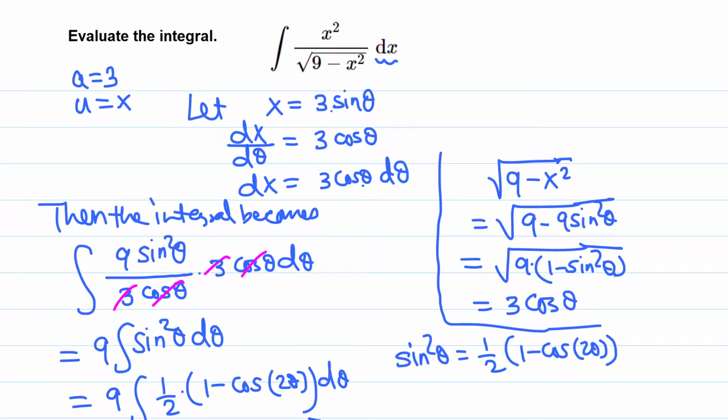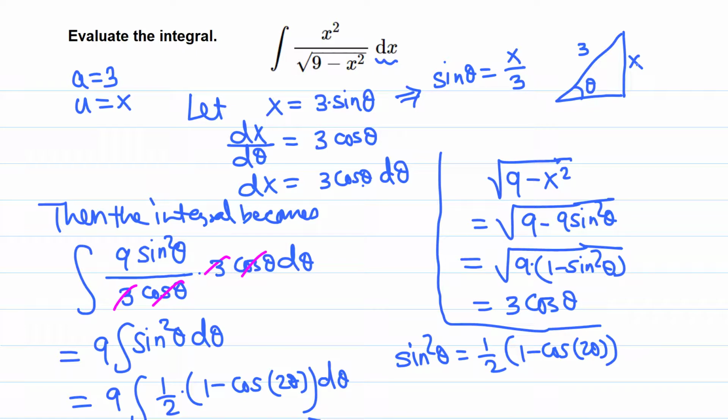So when x equals 3 sine theta, that means sine theta equals x over 3. Based on this ratio, we can draw a right triangle with angle theta, and sine is opposite over hypotenuse, and this is adjacent.